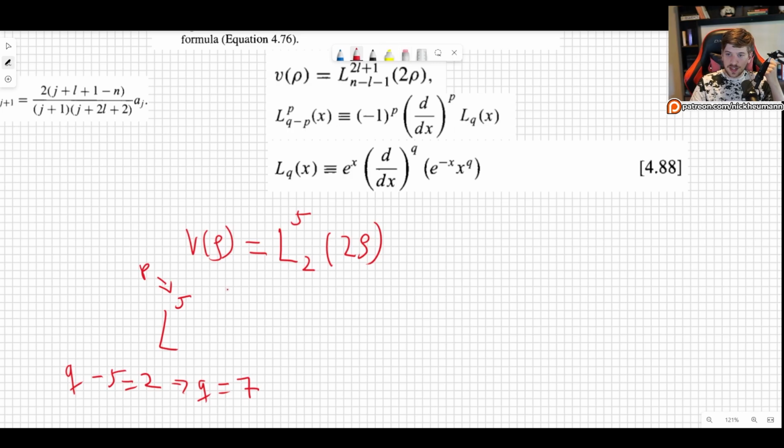So what we are calculating here is the associated Laguerre polynomial of 5 here, and just keep in mind, this is 5, 2, but q is 7, so keep that in mind. So this is minus 1 to the p, which is 5, and then we have to take p derivatives, so that's 5 derivatives of Lq. And what is q? 7.